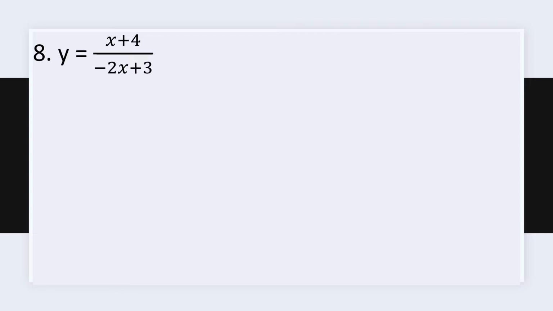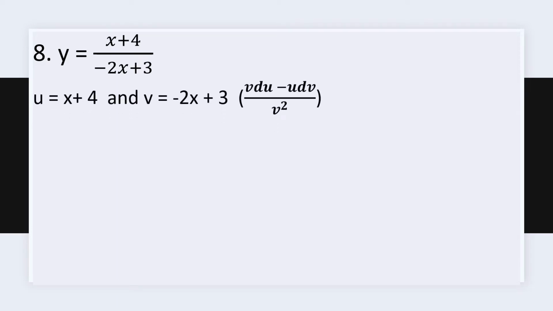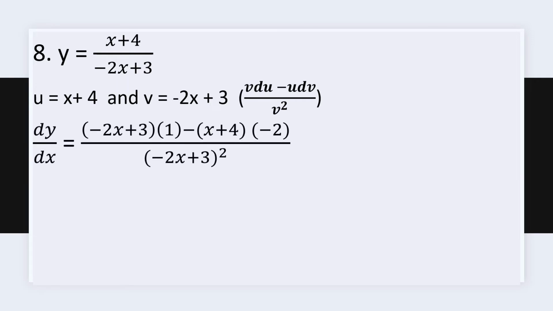y equals x plus 4 all over negative 2x plus 3. v du minus u dv over v squared. So v is negative 2x plus 3. du, the derivative of u, that's 1, minus, copy the u, x plus 4, derivative of v, negative 2.